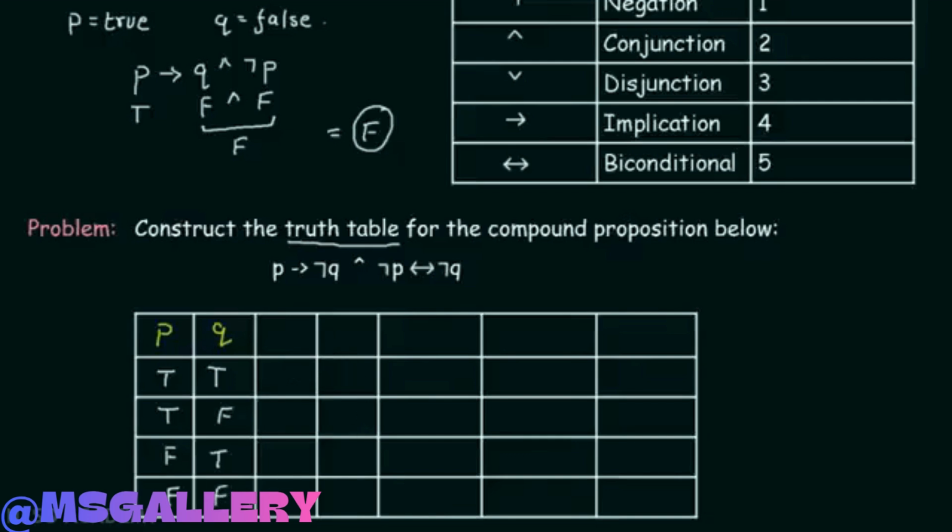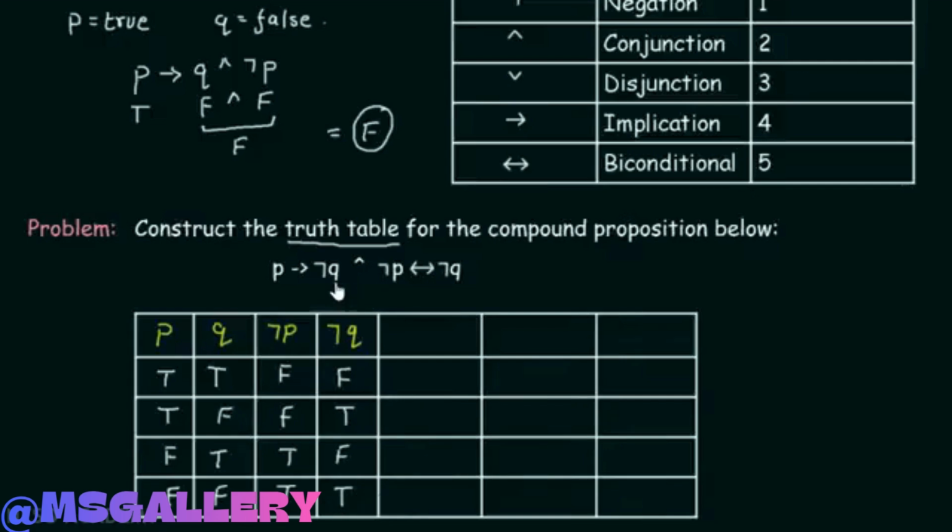After that, as we need to calculate not P and not Q, therefore we need to consider the combinations of not P as well as not Q. As P is true, not P becomes false. Again, P is true, therefore not P becomes false. This one will be true and this one will be true. In case of not Q, as this is true, this is false. This is false, this becomes true. This is true, therefore this will be false. And this one is false, therefore this is true.